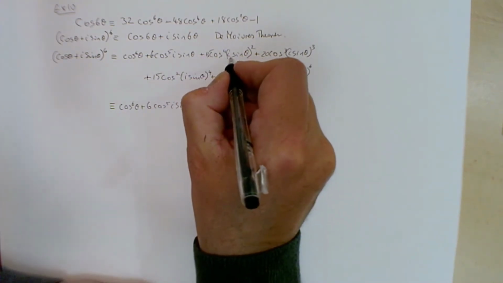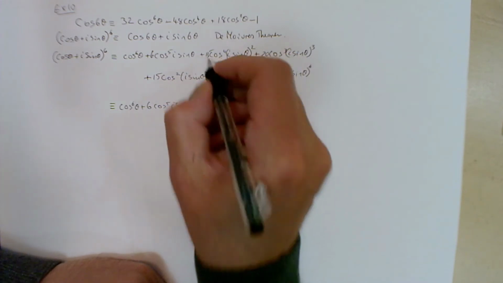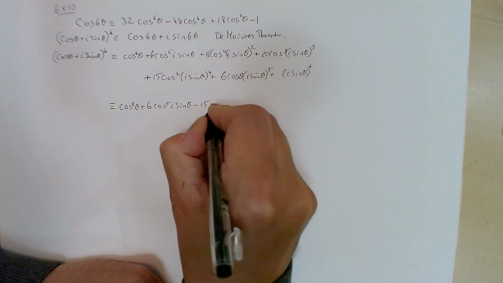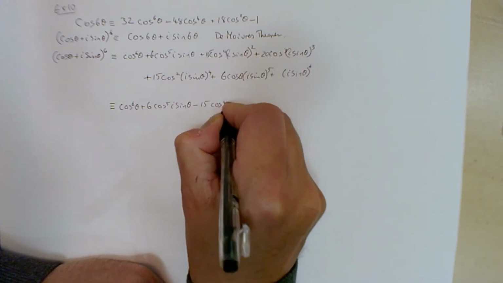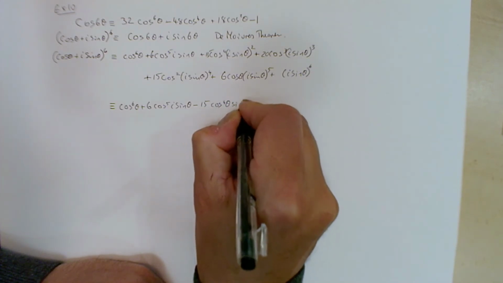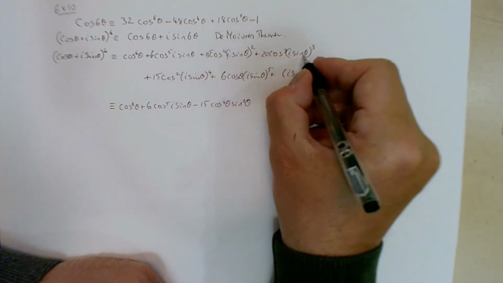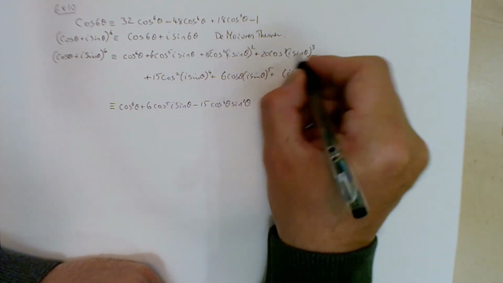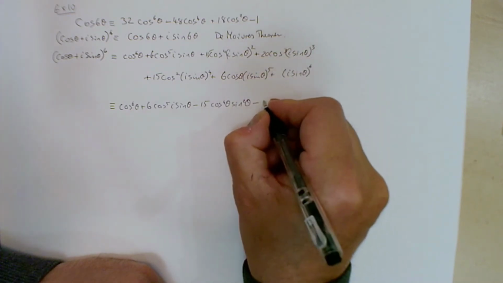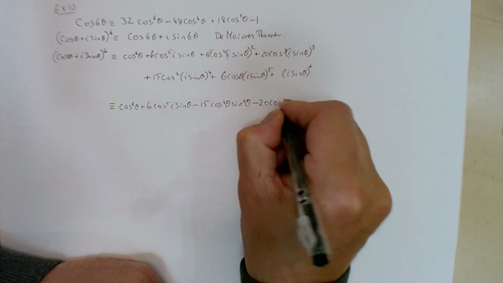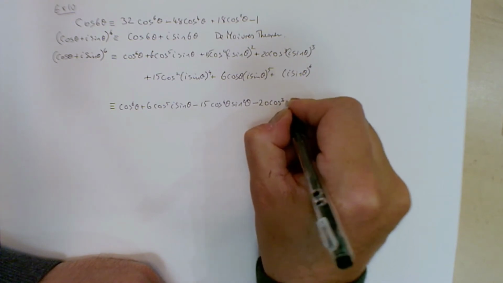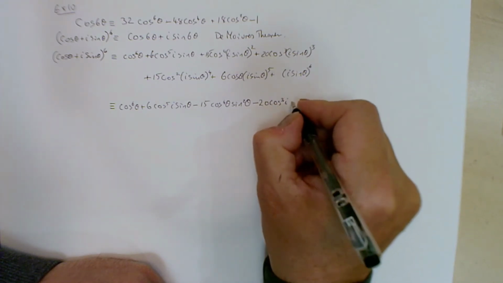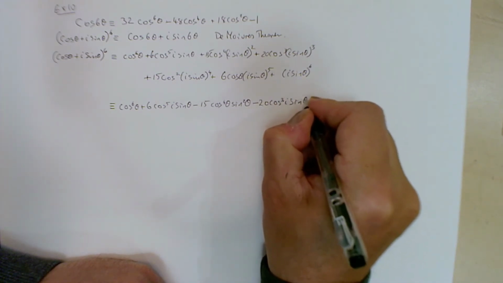Then we've got i squared here. i squared makes that a minus 15 cos to the power of 4 theta sine squared theta. We've now got i cubed, that's a minus 20 cos cubed theta, i still, sine cubed theta.